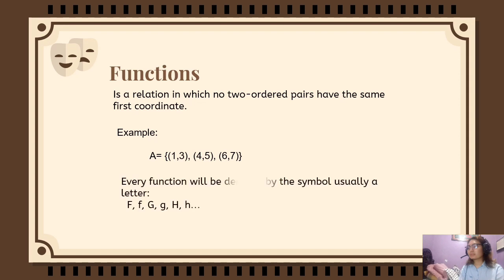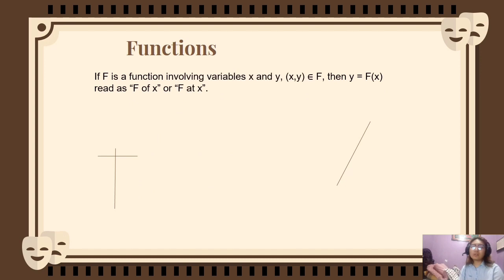Then, every function will be denoted by a symbol, usually a letter: f, g, h, and so on. If x and y are elements of f, then y equals f of x, read as f of x or f at x. Y is the dependent variable, while x is the independent variable.